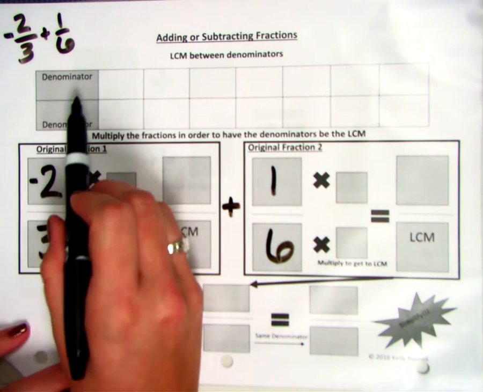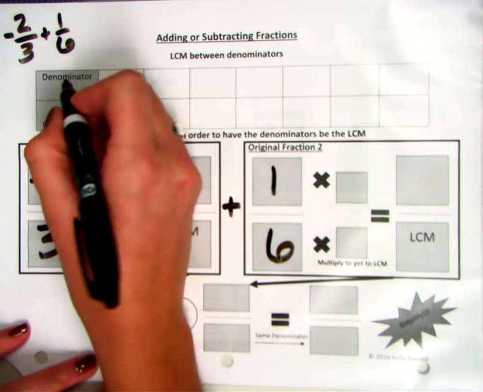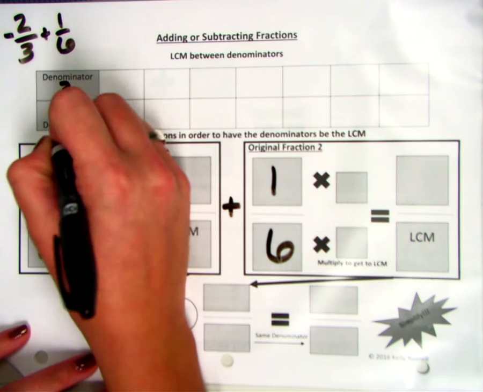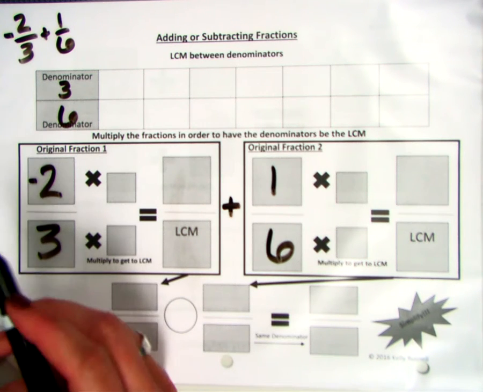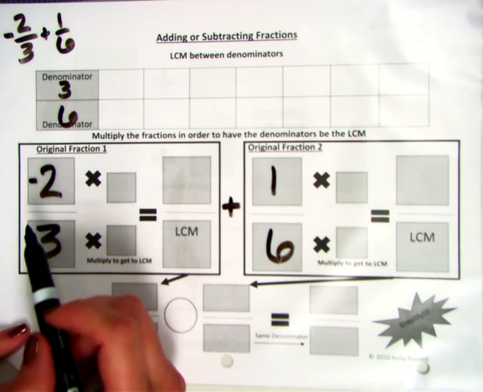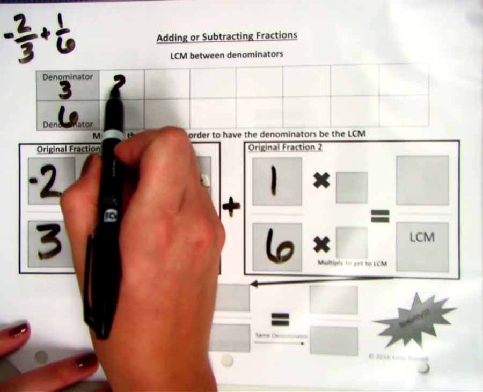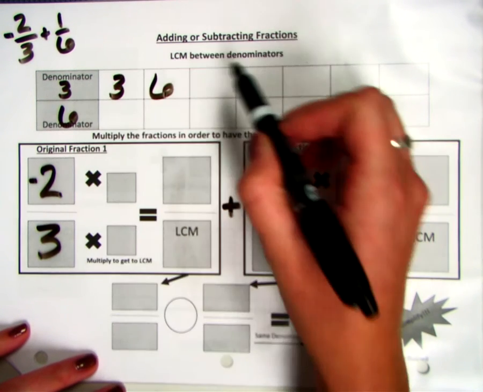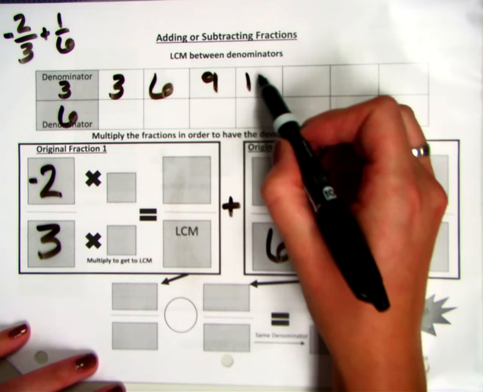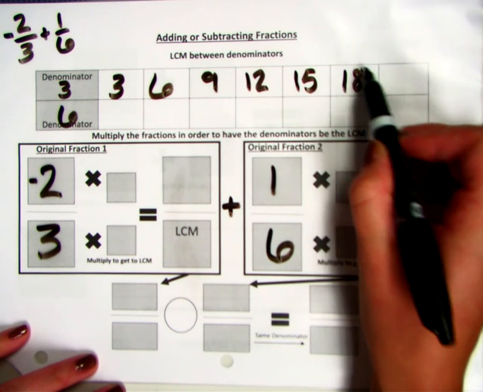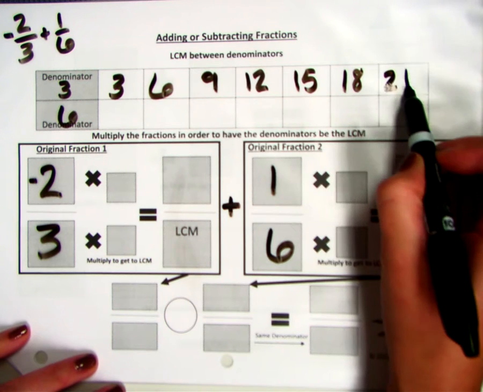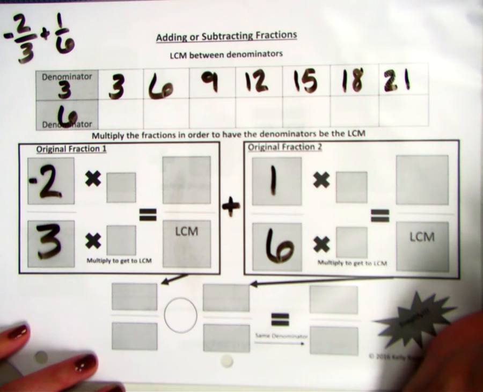You'll notice up here it says denominators. Well, what denominators do we have? We have a 3 and we have a 6. So we need to find our least common denominator by finding our multiples. I'm going to write the multiples of 3: 3, 6, 9, 12, 15, 18, and 21, just to start off with.